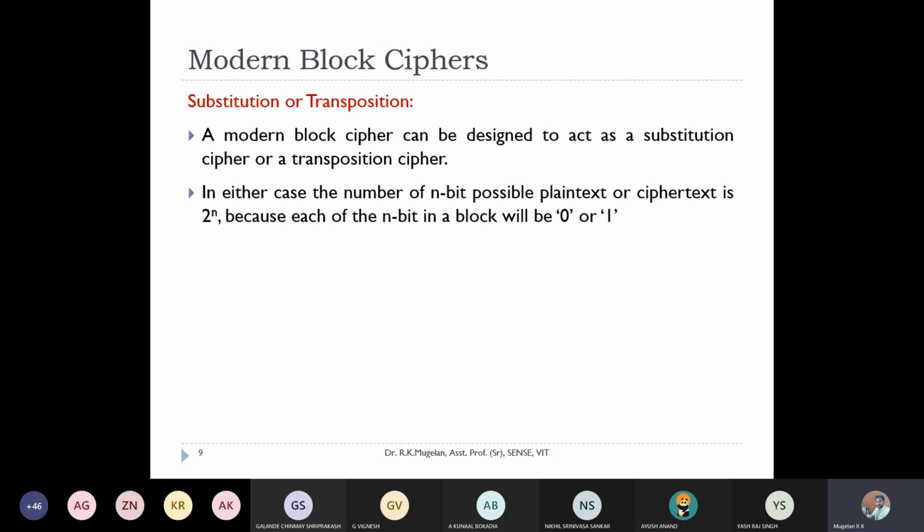Can anyone tell very briefly what you mean by a substitution cipher and a transposition cipher in layman's language? Can anyone tell what a transposition cipher is and what a substitution cipher is?